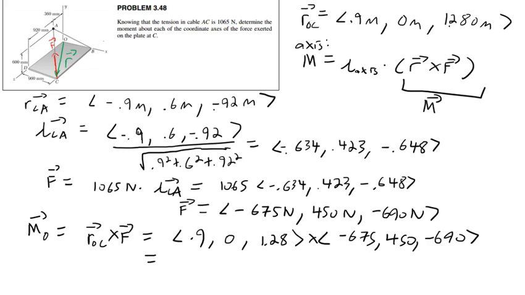Cross product of this and this, and I get negative 576 newton meters, comma, negative 243 newton meters, comma, 405 newton meters. And some of you may be seeing where this is already going, but if not, that's okay. We're out of room here, so I'm going to give myself another slide again.